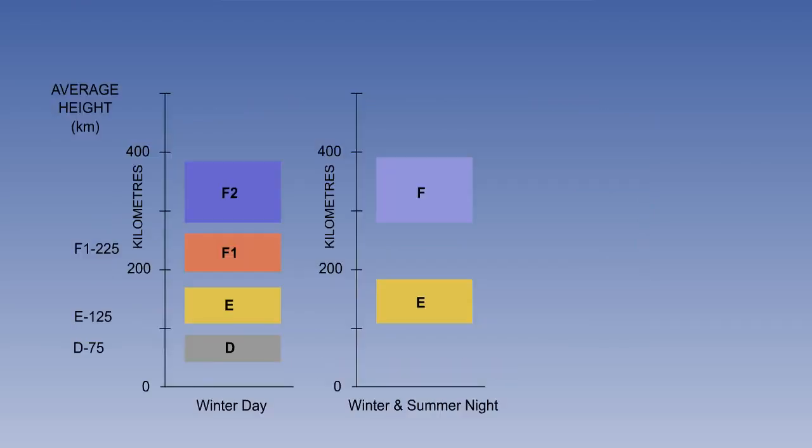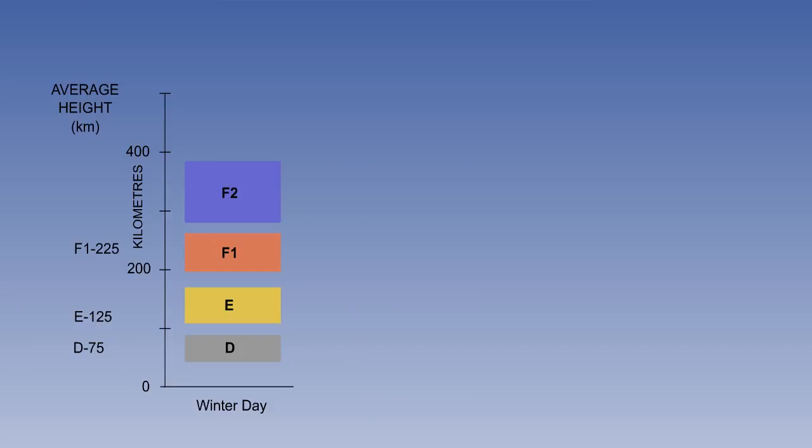There are 3 distinct layers in the ionosphere, called D, E, and F. Layer F divides into 2 layers during the day, called F1 and F2, but they recombine at night. Layer D is found at an average height of 75 kilometers in the atmosphere.